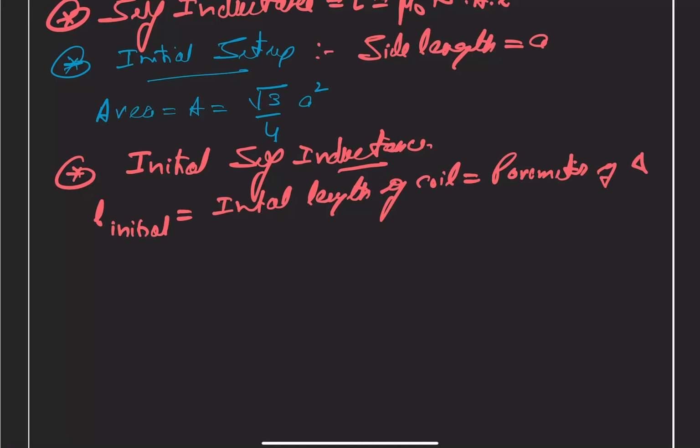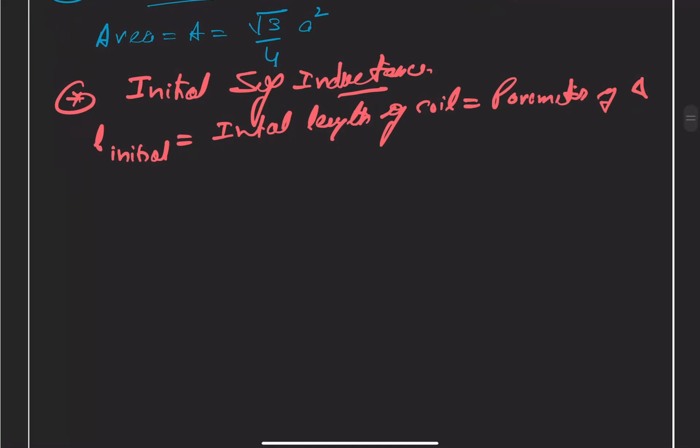So L initial will be equal to 3A because the side is A.